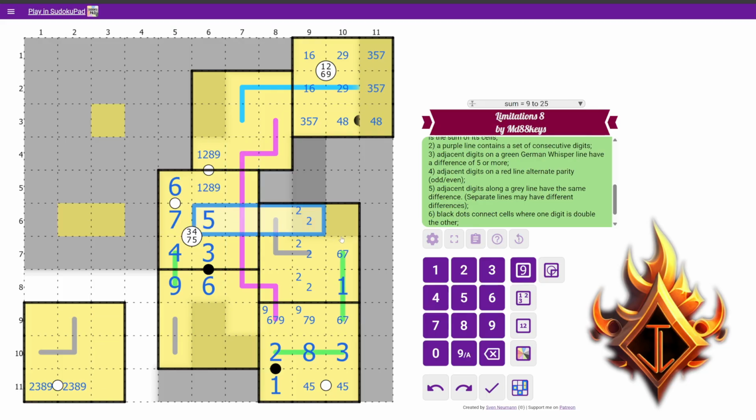Five. Five is there. Then a 5 will go there.